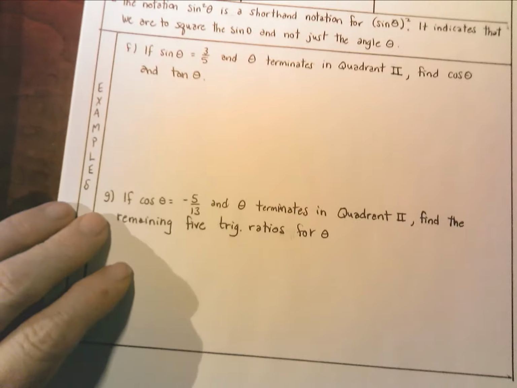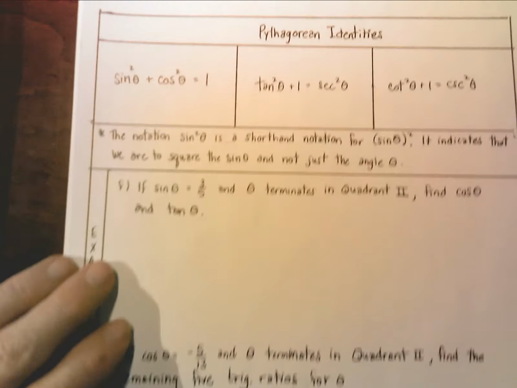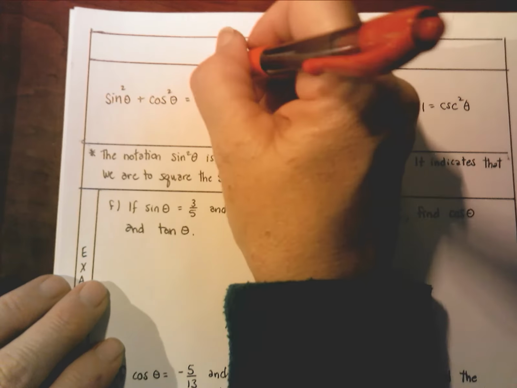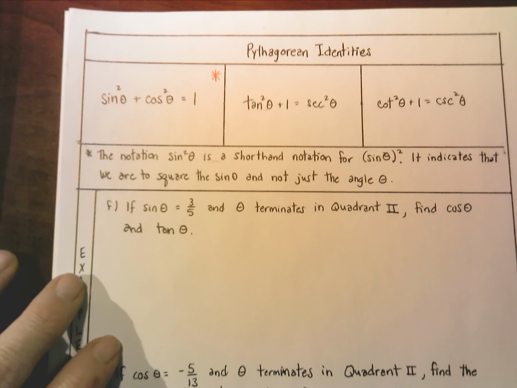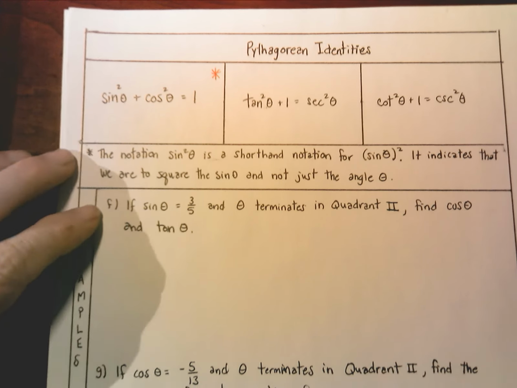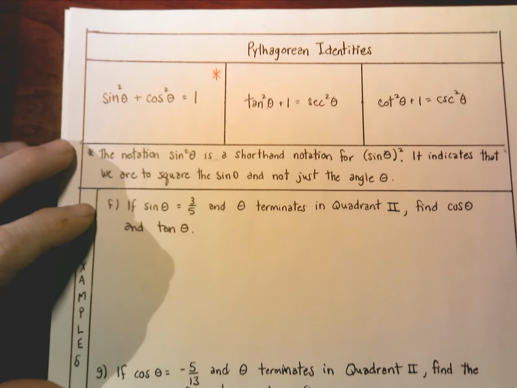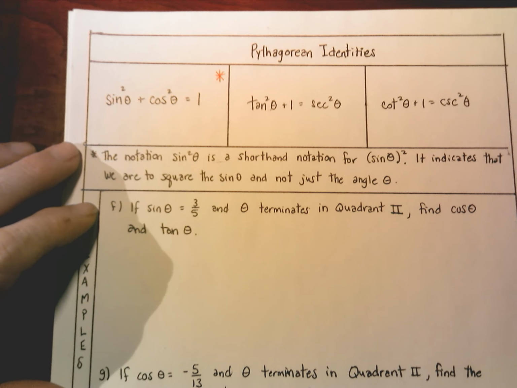All right, last group of identities, and these are very common, especially this one right here. These are called Pythagorean identities, and I'm going to show you why they're called that. Basically, they're derived from the Pythagorean theorem.